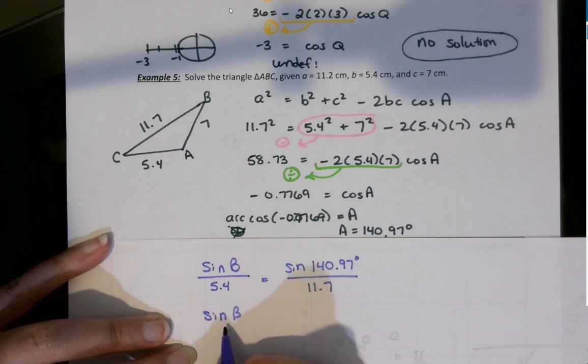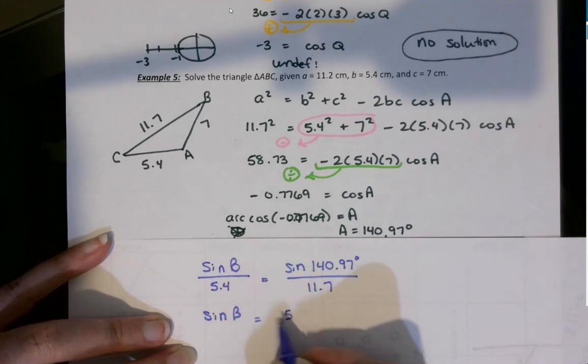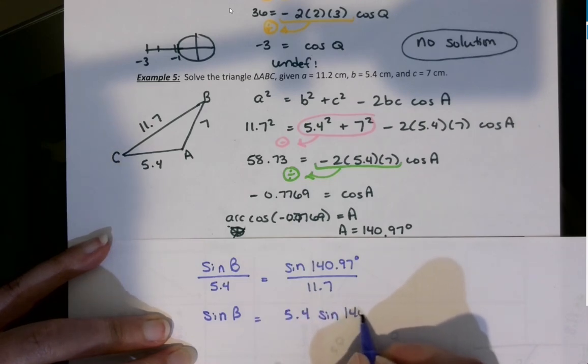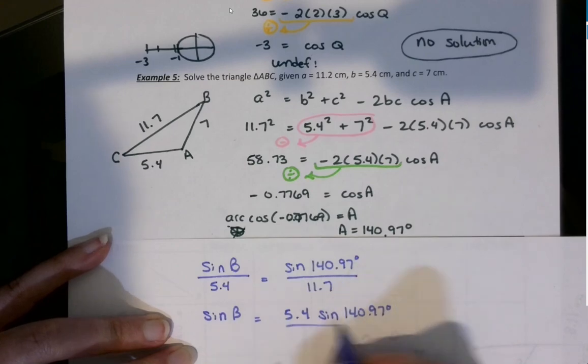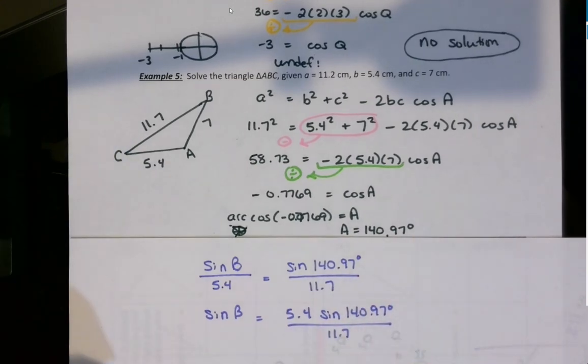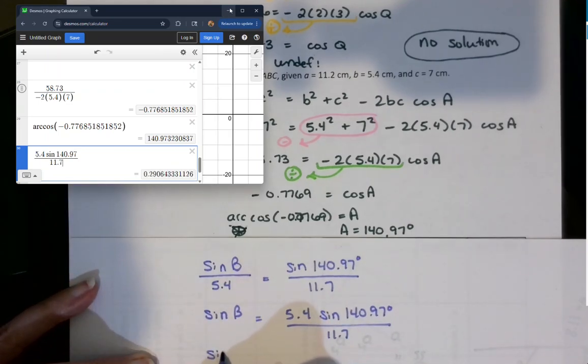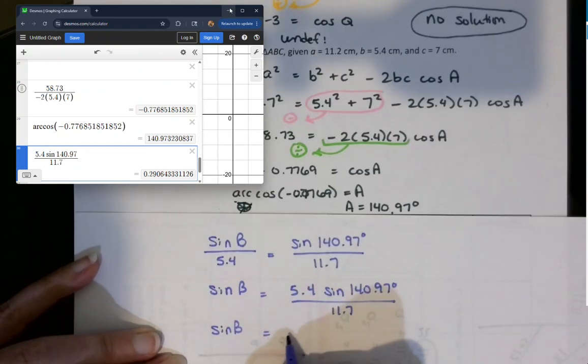So sine of B will be equal to multiplying my 5.4 times the sine of 140.97 degrees divided by 11.7. 5.4 times the sine of that 140.97 divided by our 11.7 gives us sine B equals 0.2906.